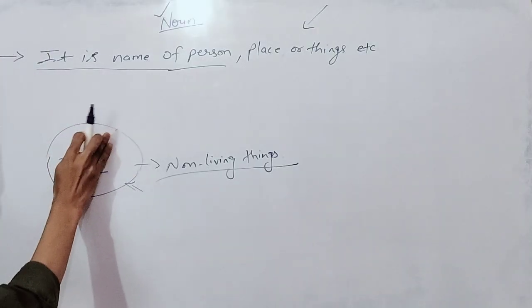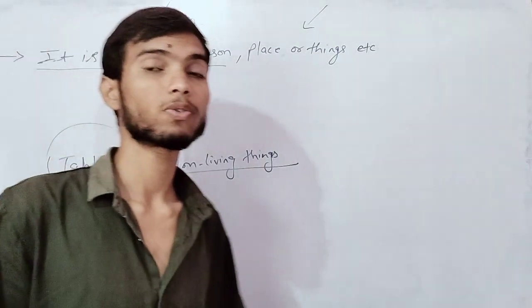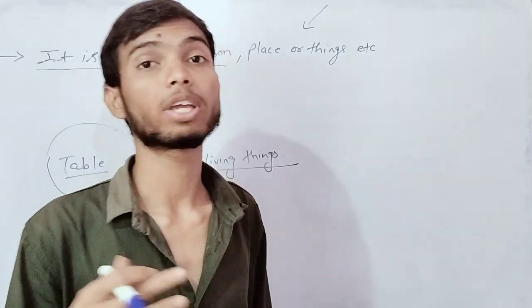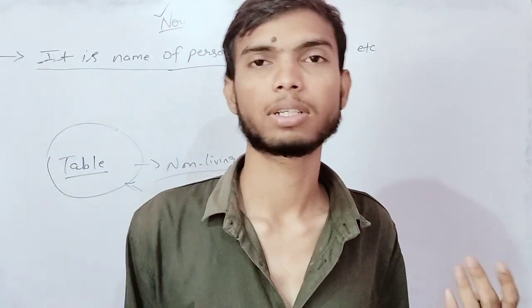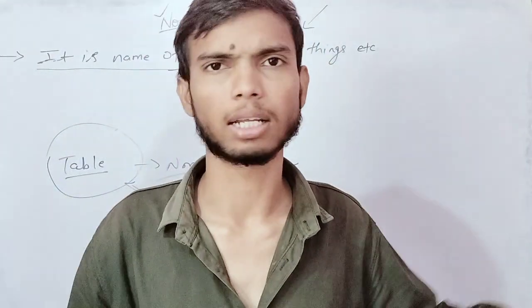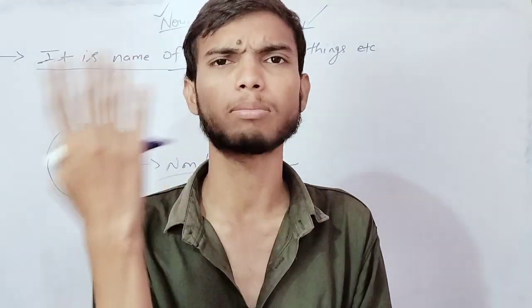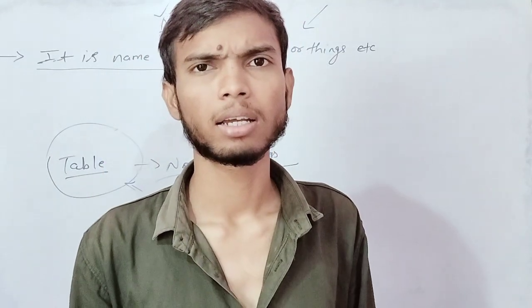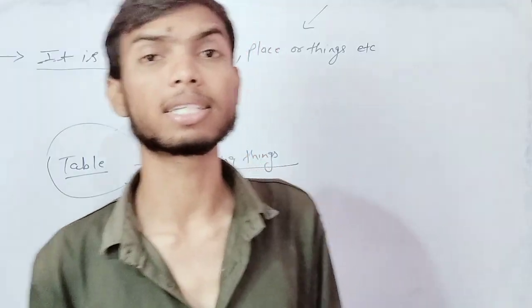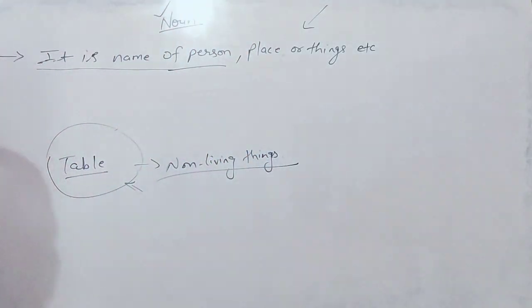As you know, we are living things because we can move, we can take breath, we can shake our parts like that. I am shaking, I can move my hand. That's why we are considered as living things. Clear? This word is a non-living thing.